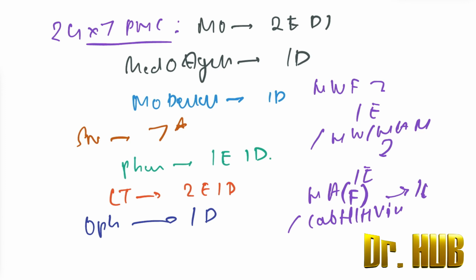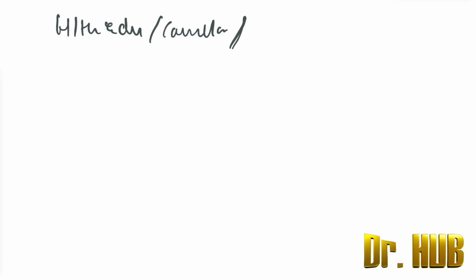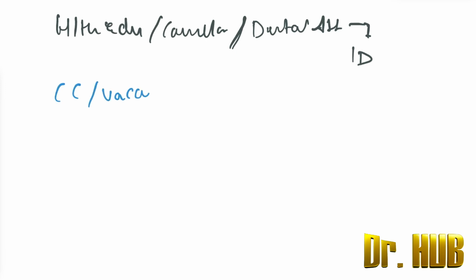Next, let's look at the health educator or the counselor and the dental assistant, this is all 1D. And looking at the cold chain and the vaccine logistic assistant, this is going to be 1E.